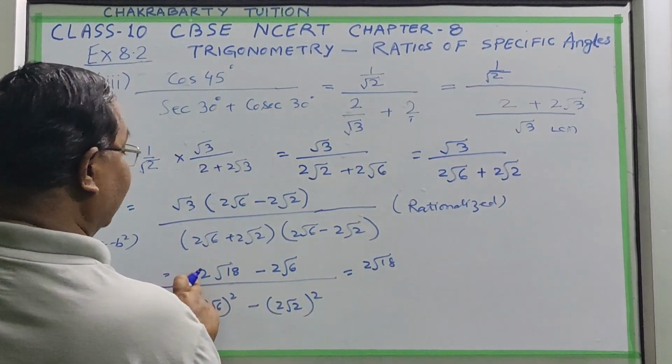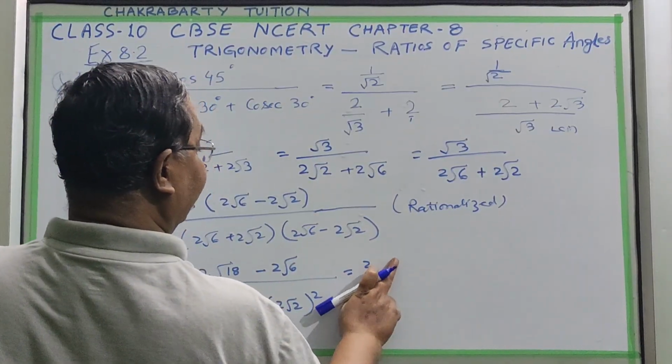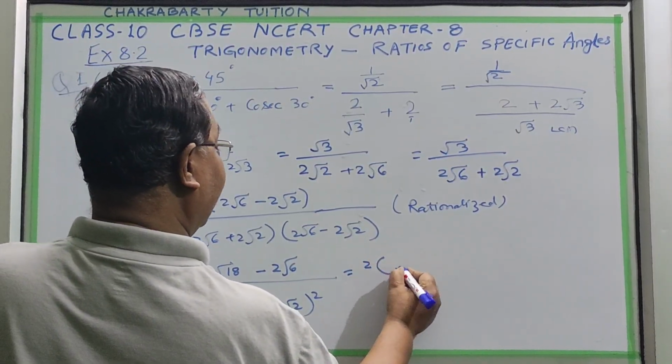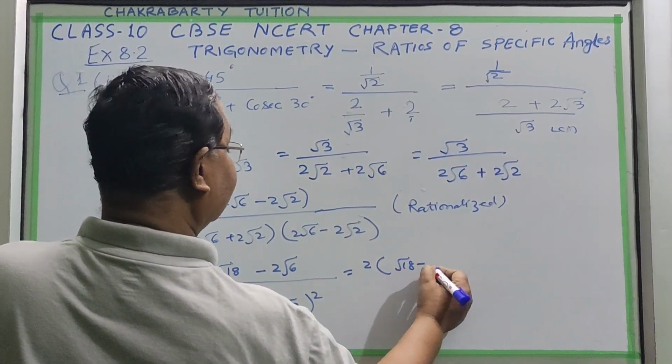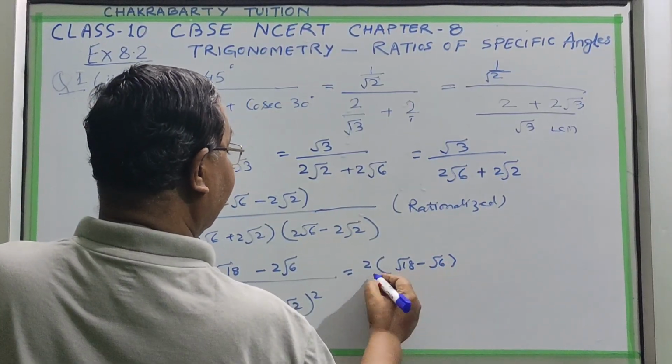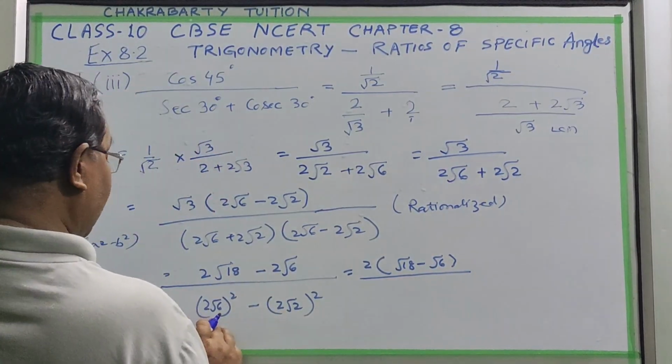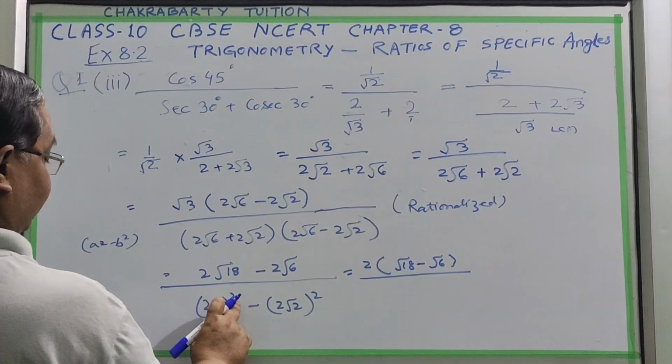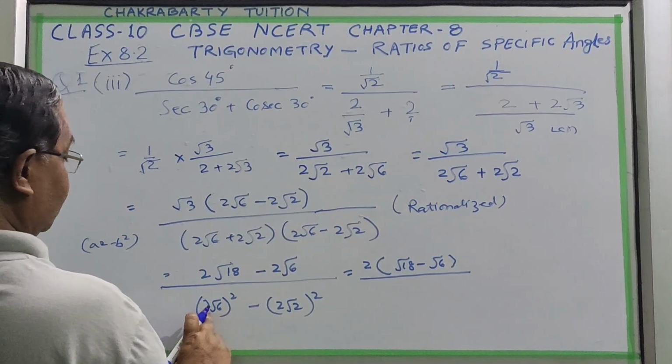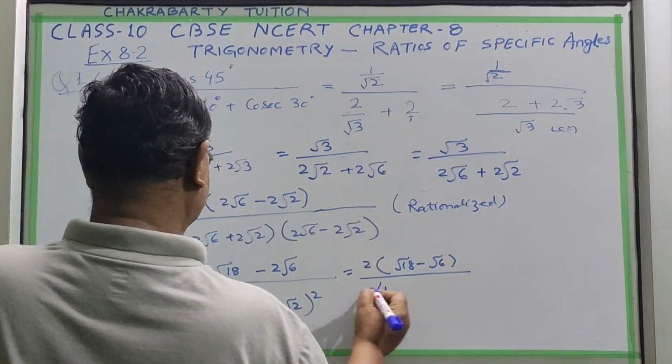Here we can take 2 as a common. Common 2 we can take out. So what will remain? Under root 18 minus under root 6 will remain. And here what will happen? 2 under root, this power is there, so this will become 4.